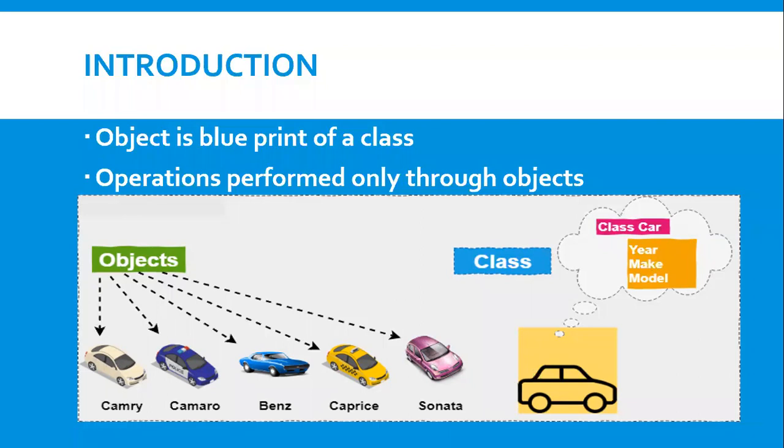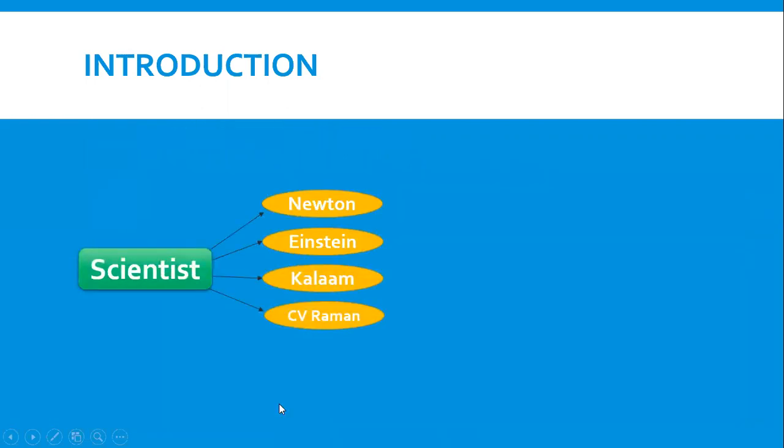All these are the various types of cars derived from this general class called car. Here car is a class, and this is Sonata, this is Caprice, this is Benz. Once it is specific to the car, then this specific car is called an object.